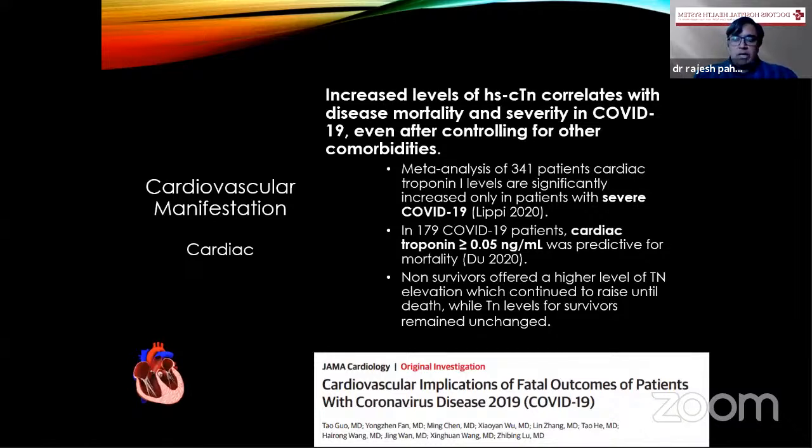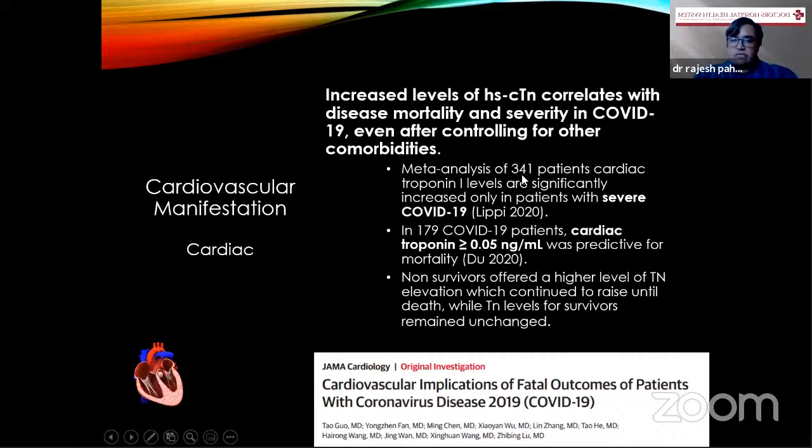As we all know, troponin is a representation of cardiac injury in the serum. And in various studies, increased levels of high sensitivity troponin are seen to correlate with disease mortality and severity in COVID-19 after controlling for other comorbidities.